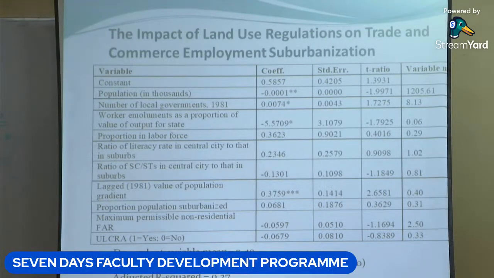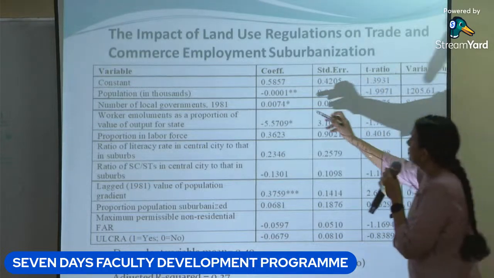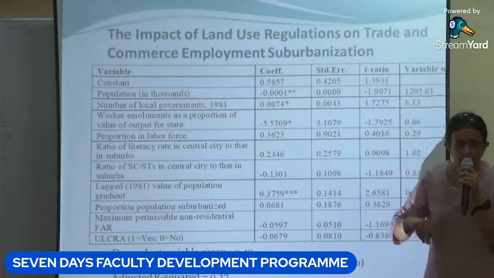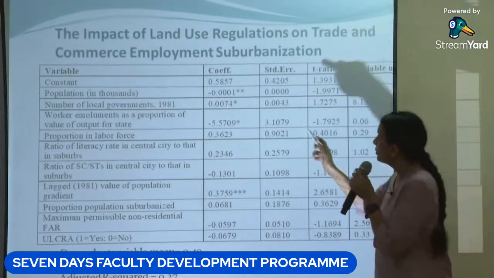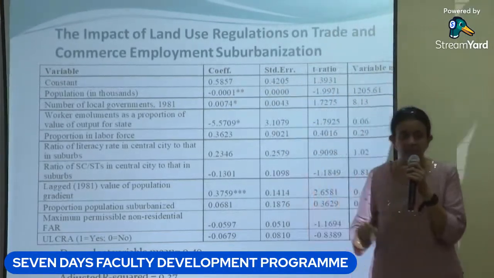Unfortunately, we could not get this data at the city level. And here, we also find support for the natural evolution theory of suburbanization, because population has a negative effect.